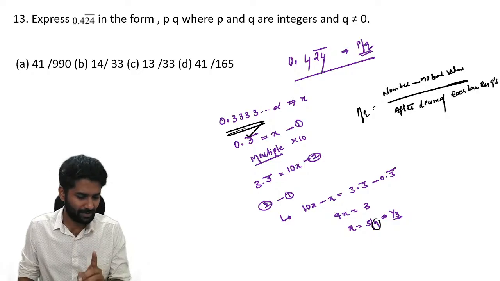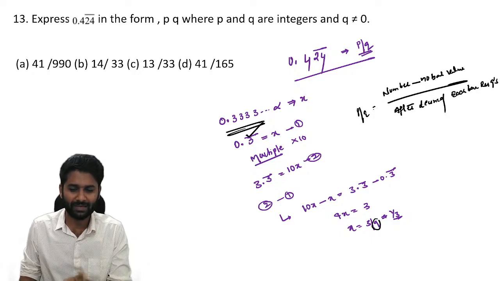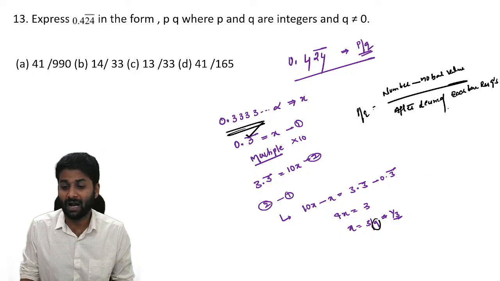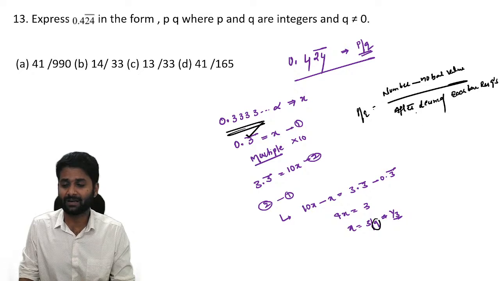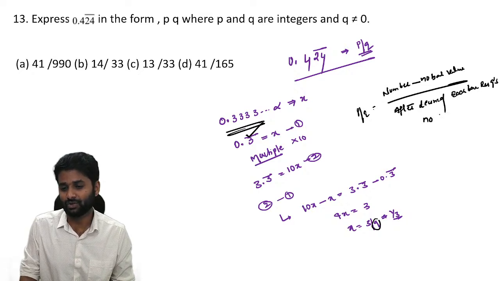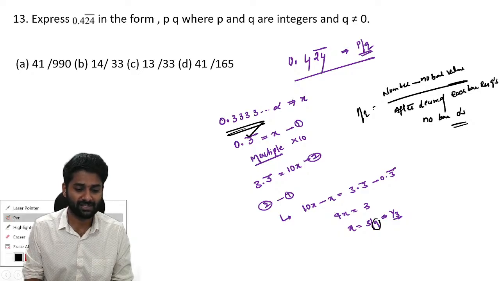If it is 1 bar, one 9; 2 bars, two 9s; 3 bars, three 9s. After decimal only you have to check. Each no-bar digit represents a zero.